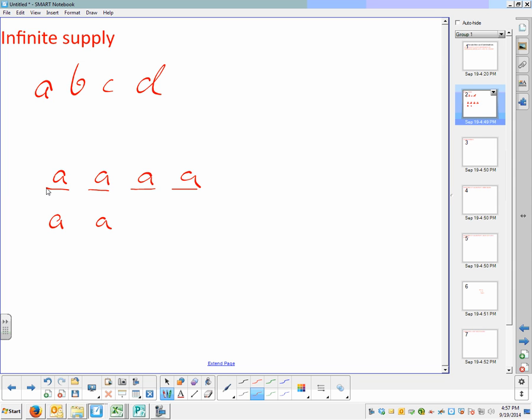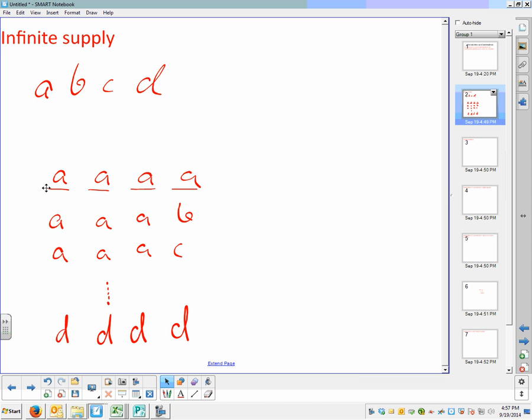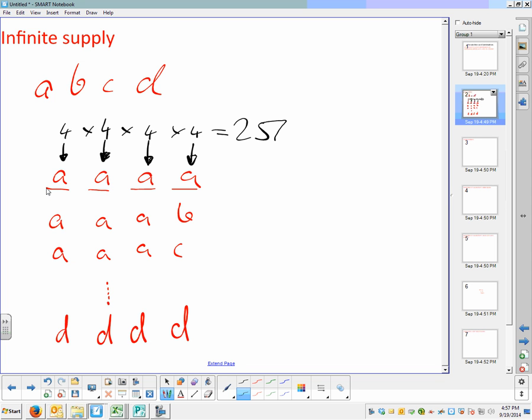And then A, A, A, B, A, A, A, C. And then the last one would be D, D, D, D. So hopefully it's reasonably obvious to see that there's a choice of 4 letters for the first letter, a choice of 4 for the second, A, B, C, or D, a choice of 4 here, and a choice of 4 here, for a total of 256 different words. That should be familiar.